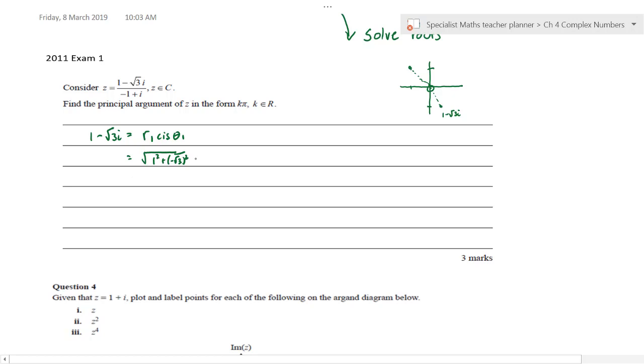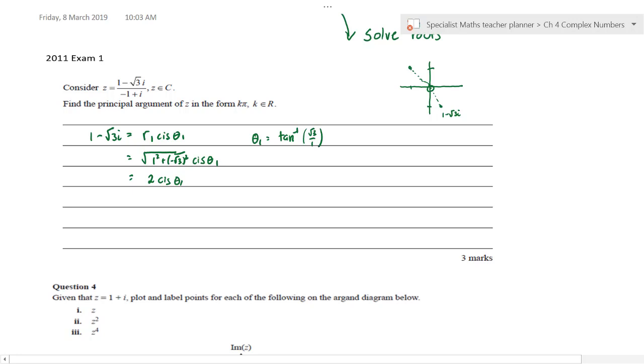Okay, so that's 2, and then we've got to find our reference angle. Now, as you can see there, that angle theta 1 is equal to the inverse tan of the y component over the x component. Let's just do that as root 3 over 1, and we'll just worry about what quadrant it's in later.